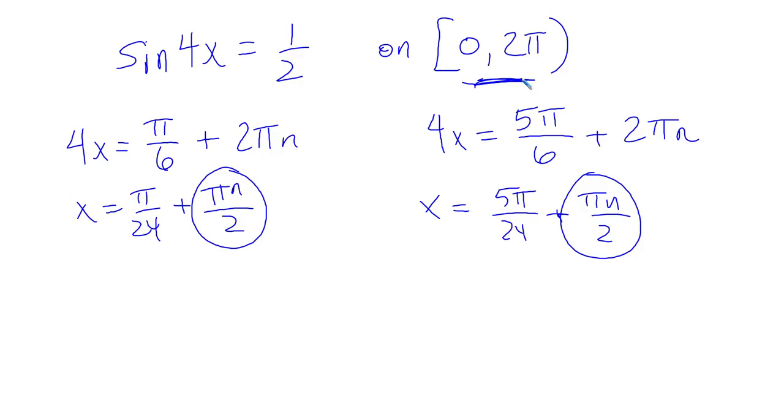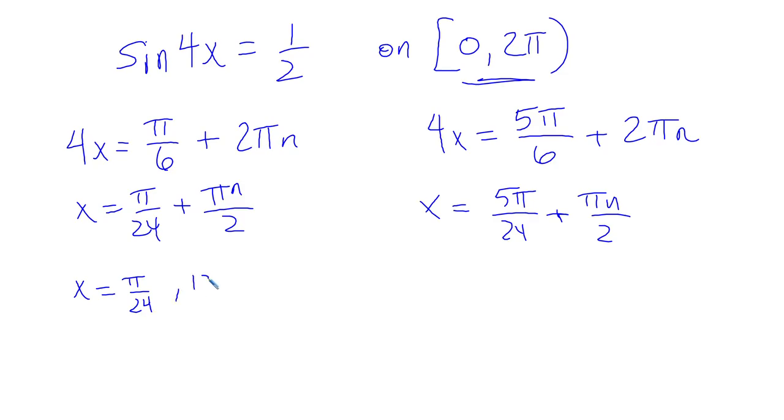So really all we want is n to be 0, 1, 2, and 3. When n is 0, we end up with pi over 24 here. When n is 1, we end up with pi over 24 plus pi over 2. Well, pi over 2 is 12 pi over 24, so that'll be 13 pi over 24.